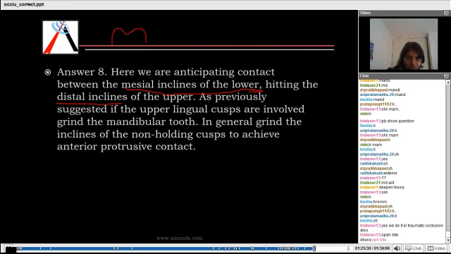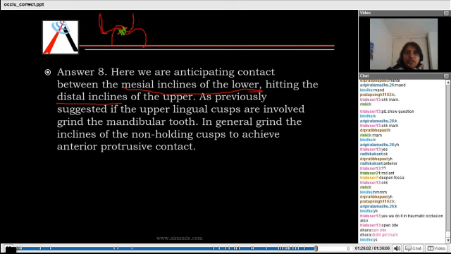Let's just draw it, okay? See this, whenever we talk about the buccal and lower contacts, it is the mesial of the lower, let me draw it in green color, the mesial of the lower and the distal of the upper that comes in contact, right?